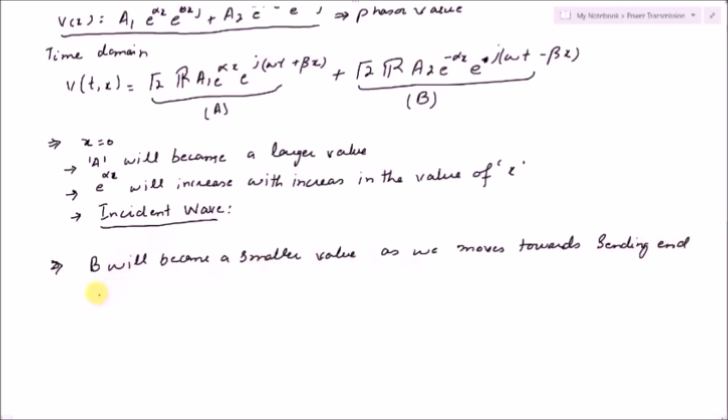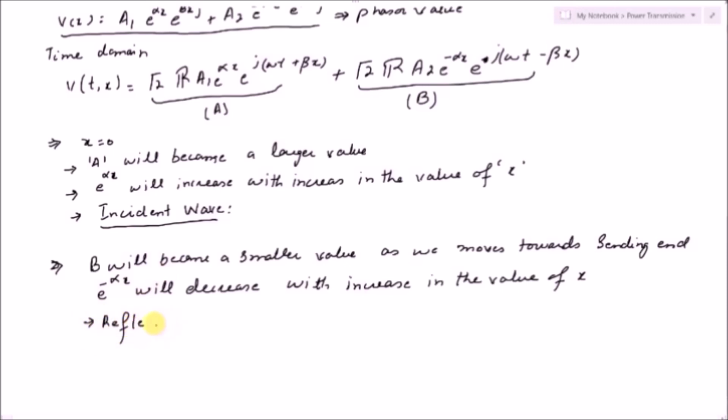Because the exponent e raised to minus alpha x will decrease with increase in the value of x. So the second part of the equation has the maximum value at the receiving end, and it will decrease as we move towards the sending end. That's why it is known as the reflected wave.